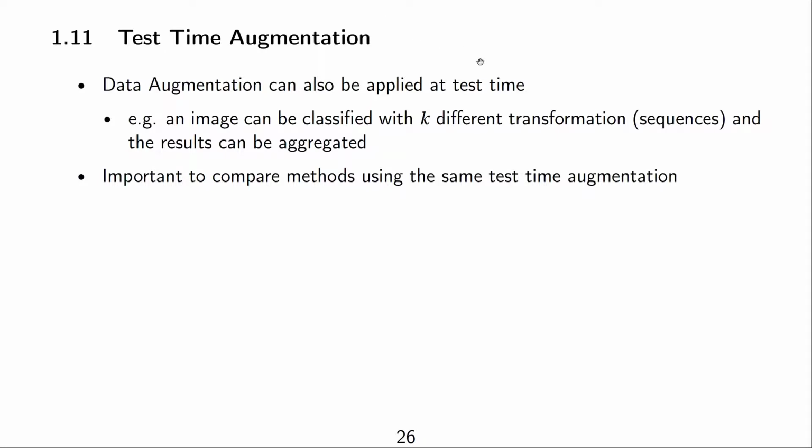At test time, what you can do is apply k different transformations or transformation sequences to an image and feed all of them to the network, and then you somehow aggregate the results. So for example, you could put an image in 10 versions to an image classifier and get probabilities and then average the probabilities of the 10 different augmented images.